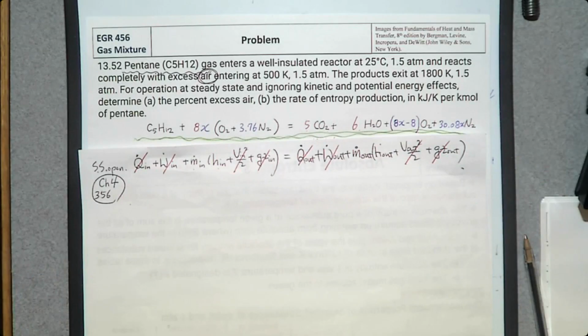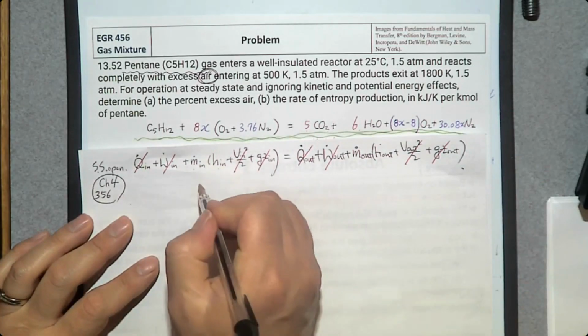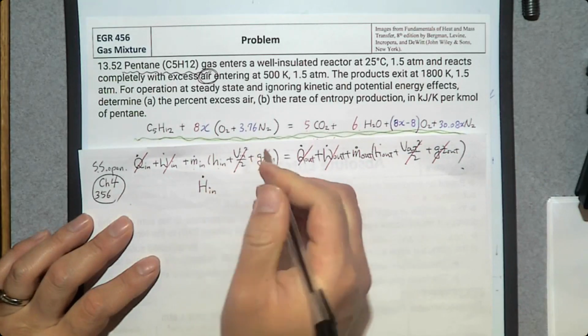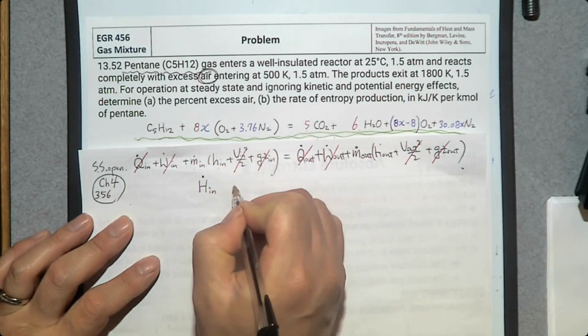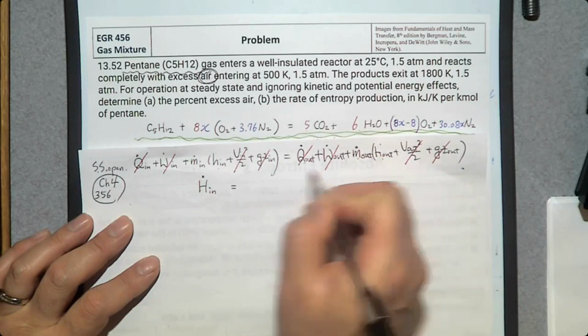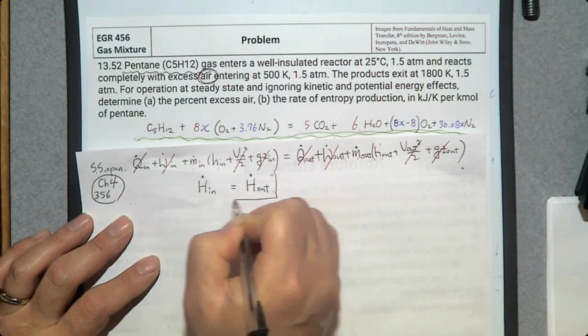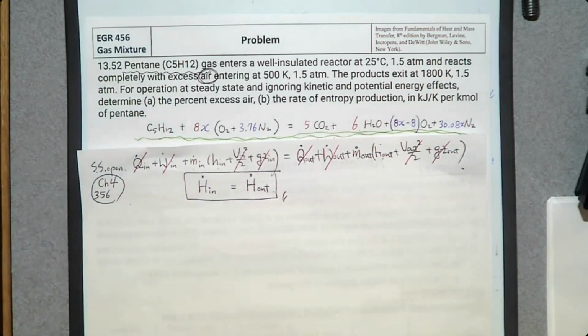The rate of enthalpy. H dot that goes into this combustion chamber should be the same as M dot H, the rate of enthalpy at the exit. So this is the energy balance equation.